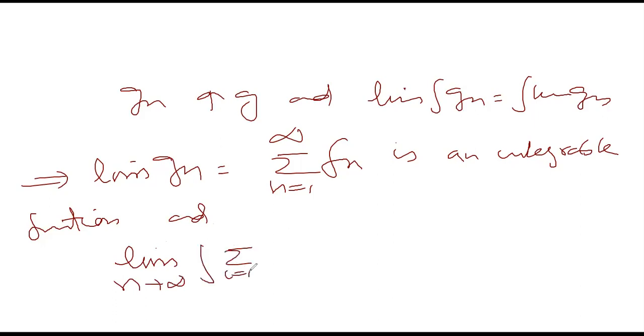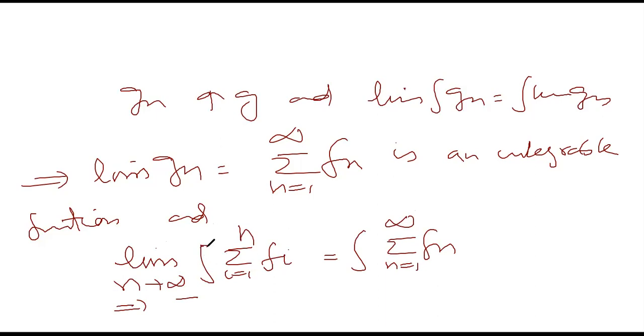It is the summation i runs from 1 to n of the integral of f_i, which is equal to the integral of the limit of g_n, the summation n runs from 1 to infinity of f_n. On this side, you can pull out this finite sum from the integral, and this is the summation n runs from 1 to infinity of the integral of f_n, which is equal to the integral of the summation n runs from 1 to infinity of f_n. So this proves the theorem completely.